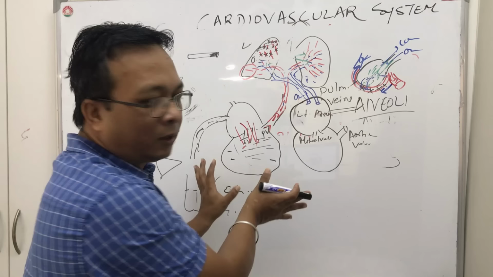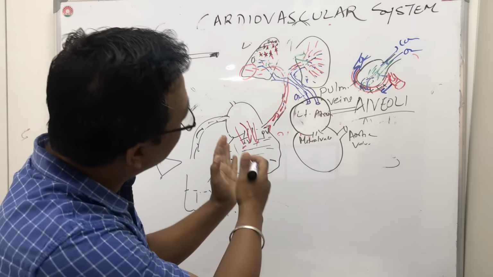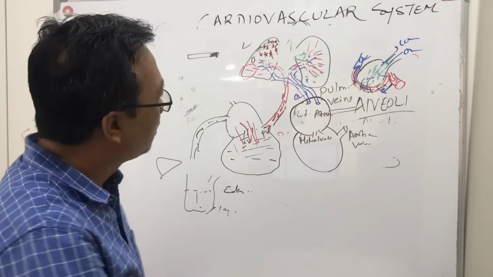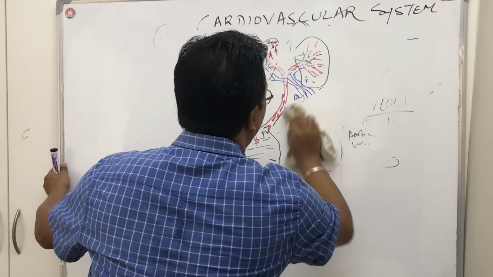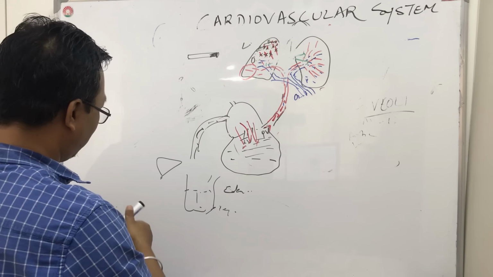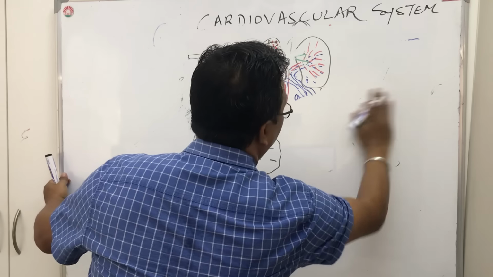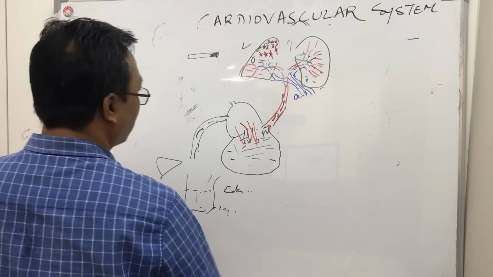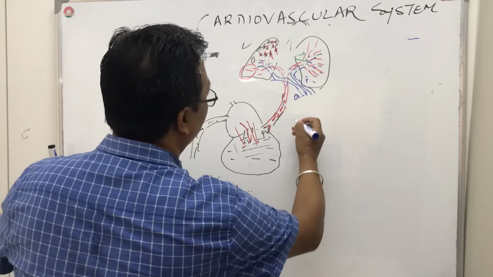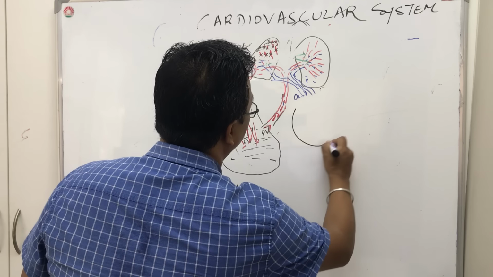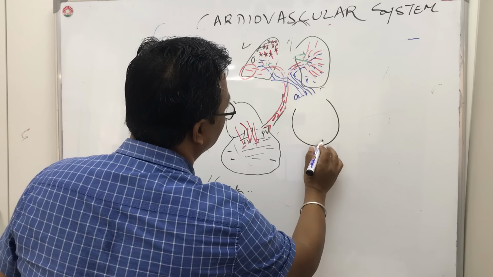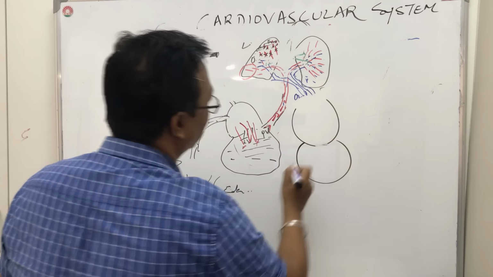So this is the view of the cardiovascular system. I'm going now to the left side of the heart. Okay, left heart. So the left heart is receiving. This is the left atrium and this is the left ventricle.